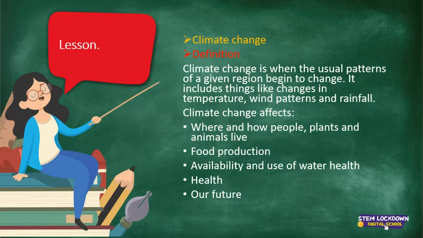Also, in some areas where there was water, there's no longer water, so people can't live there anymore because there's no access to water. And then plants too are affected, and this is the systems and ecology.